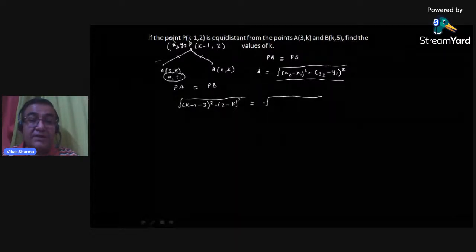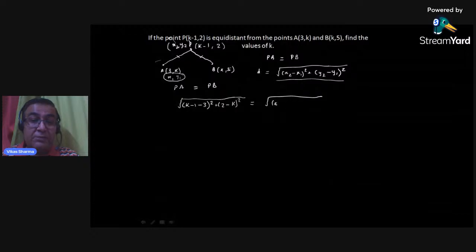PB in this case will again be k minus 1 minus k, because x1 will be k now, whole square of that, plus y2 is 2 minus y1 is 5 whole square of that. Since I've got square roots on both sides, I can just take the square of both sides and get rid of the square root sign. I'll also open the bracket.